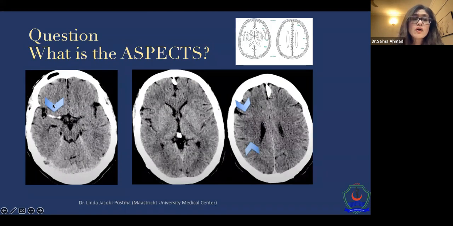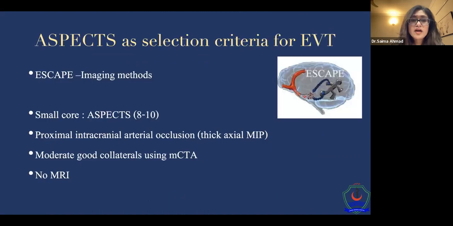So you need to look on the right side. In the middle panel, there is no change in the basal ganglia. So there it is not involved. And here you can see there is a subtle hypodensity in the area of the M5 region of the MCA. So you subtract this 1 point from the 10 points and your ASPECTS score will be 9. So this is the way you do your ASPECTS scoring.